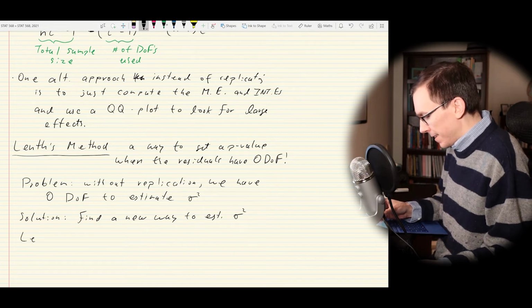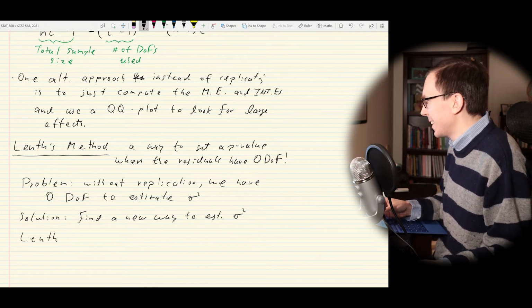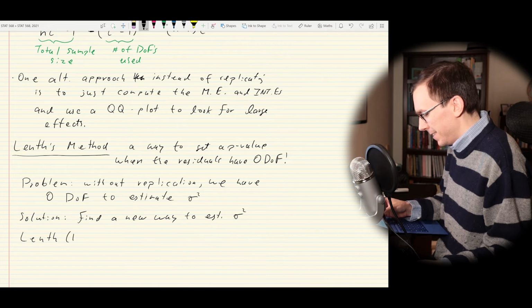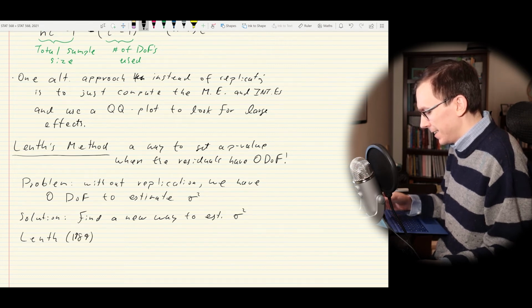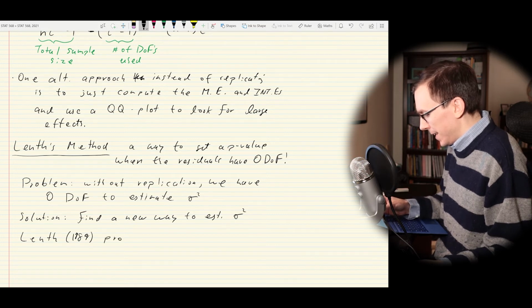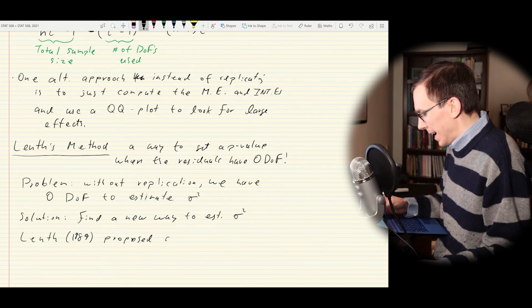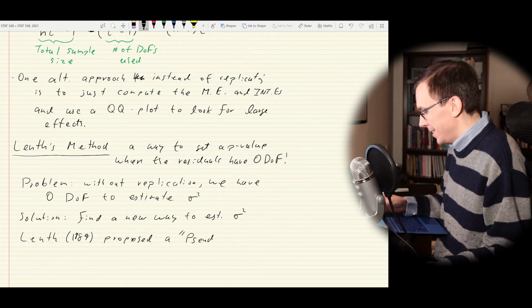So Lenth, in, I think, 1989, getting old, proposed what's called a pseudo standard error.